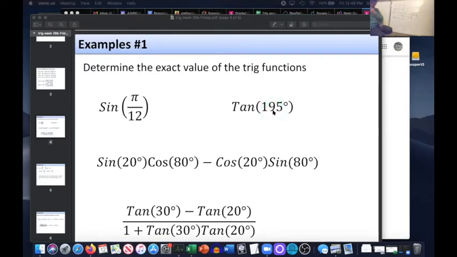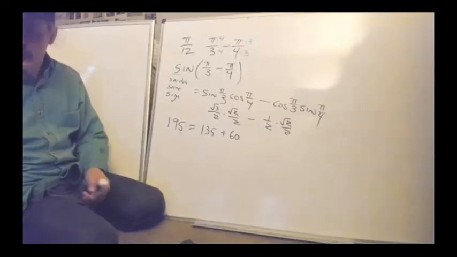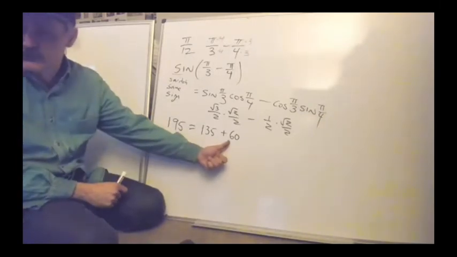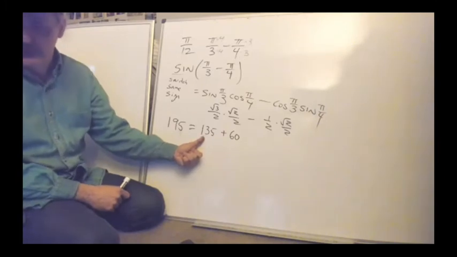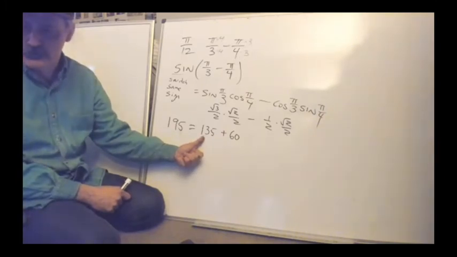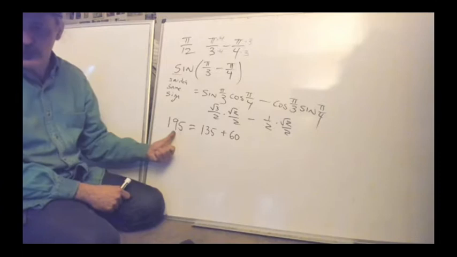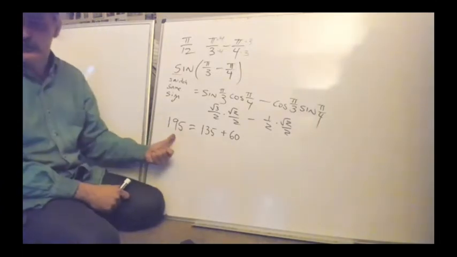So you could subtract 30, you could subtract 45, you could subtract 60, and it turns out 60 is the one that works because 135 is a 45-degree location in the second quadrant. So if we combine 135 and 60, we can get 195.